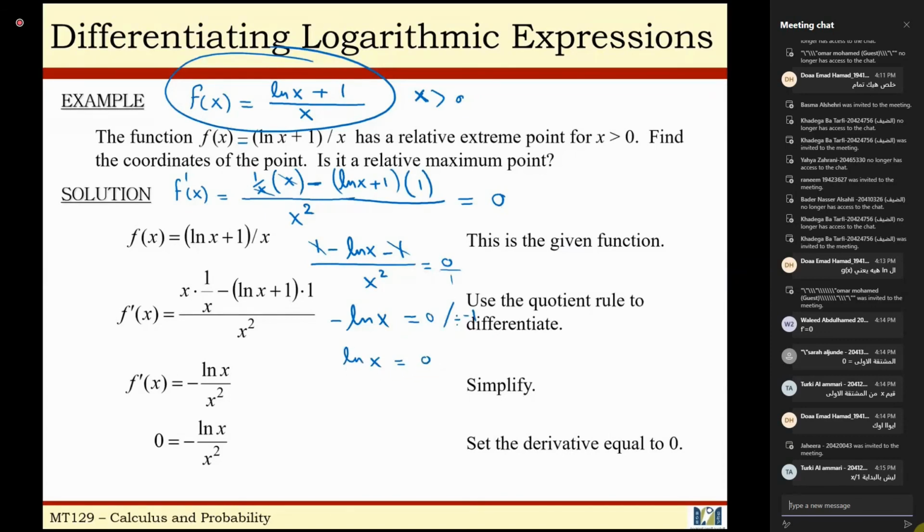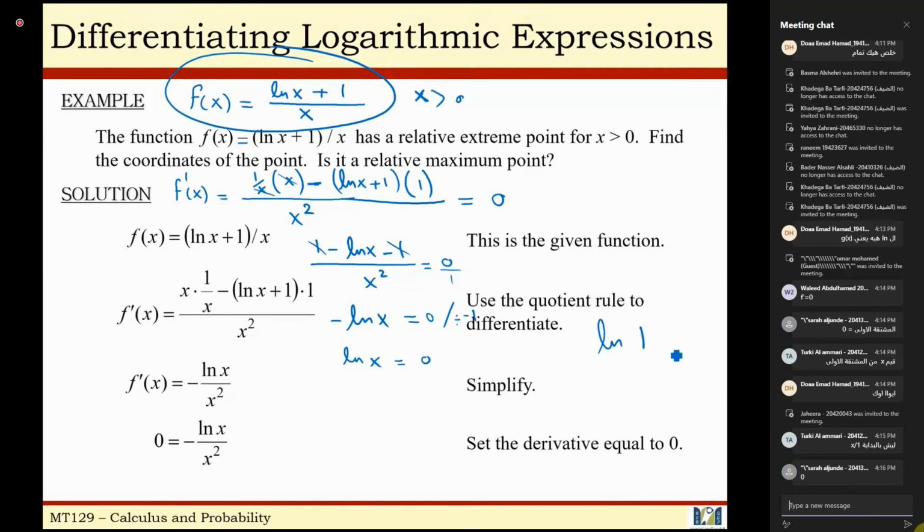What's the value of x that substitute in ln x? This is equal 0. What's the value of ln 1? Ln 1 equal what? 0.